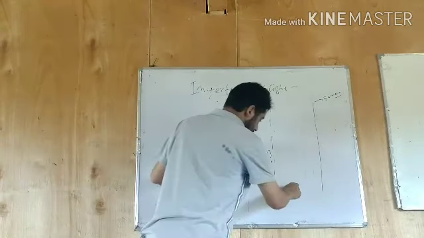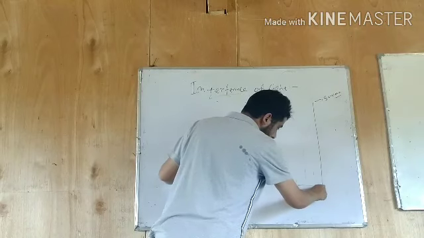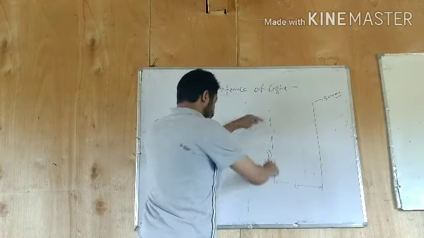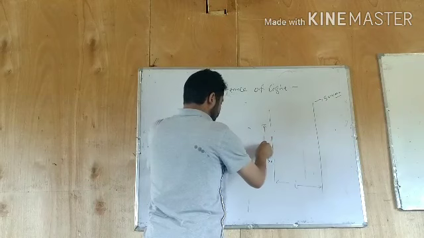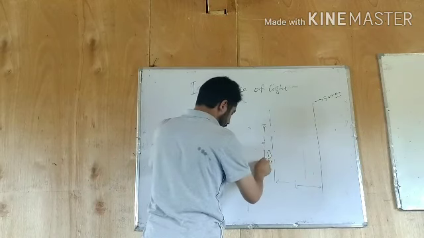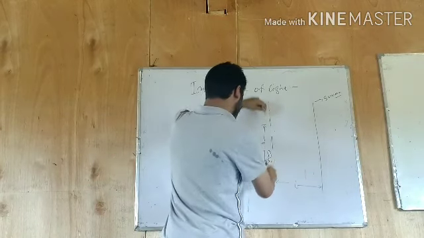Suppose this screen is at a distance L from the two slits, and the two slits are at a distance D from one another. Meaning D is actually the inter-slit distance.